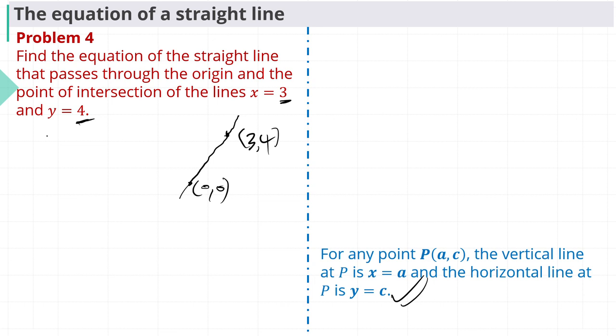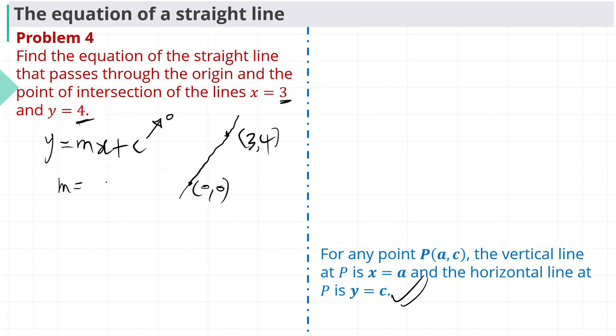Now we know that the general equation of the straight line is y equals mx plus c. The question says that the line passes through the origin. That's to say that the y-intercept c is going to be equal to 0. Also, we need to find the gradient.